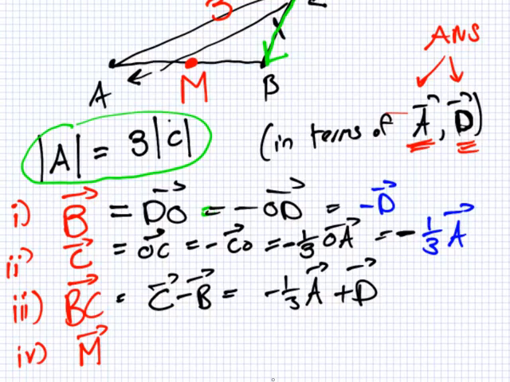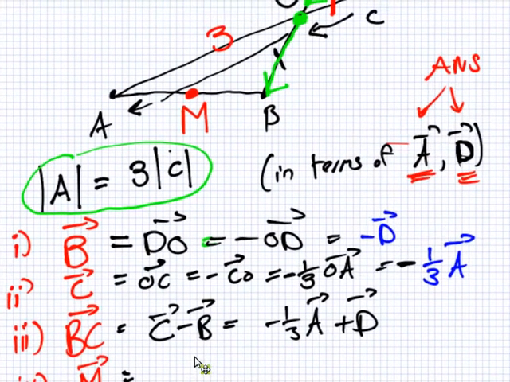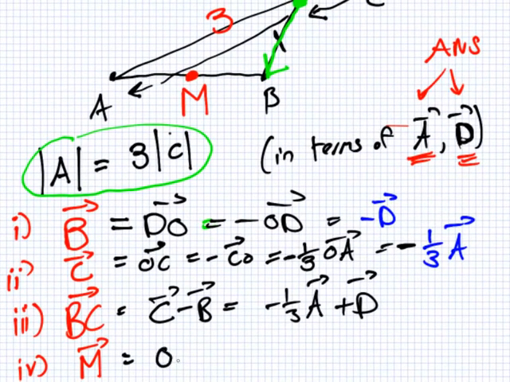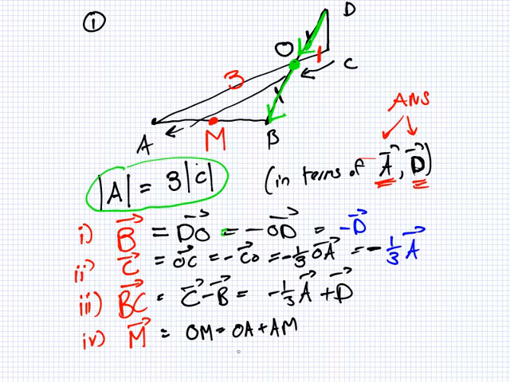So M, the midpoint. M is OM, and OM is OA plus AM.